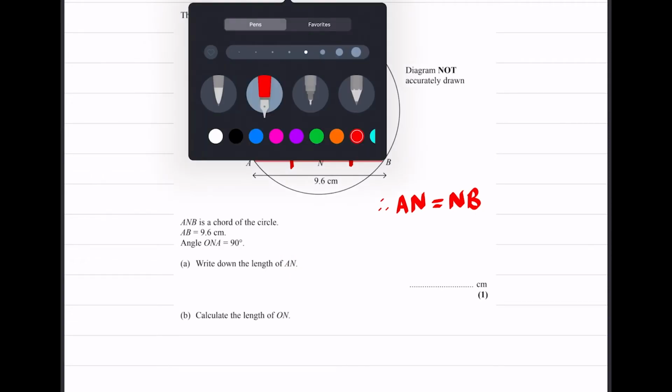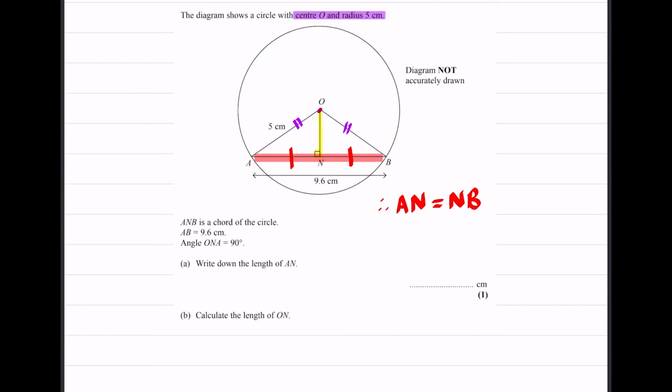So the question is asking us for the length of AN. It is equal to 9.6 centimeters divided by 2. So AN is equal to 9.6 divided by 2, which is equal to 4.8 centimeters. Why?